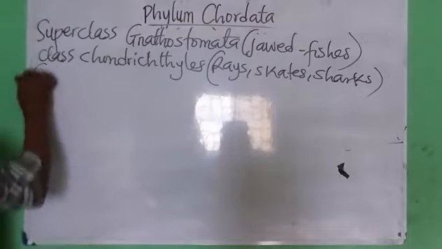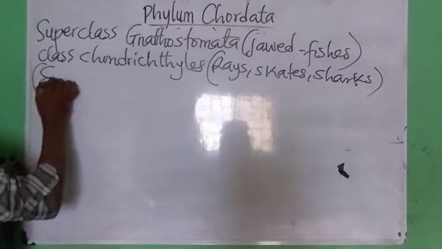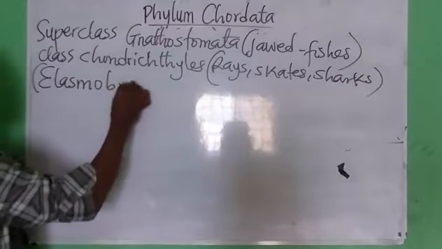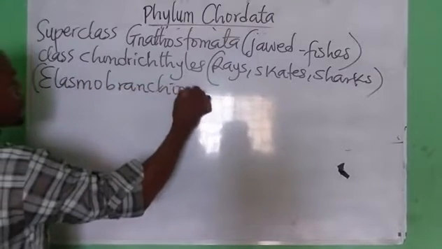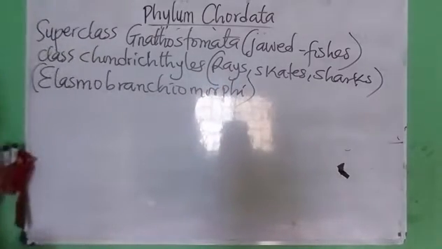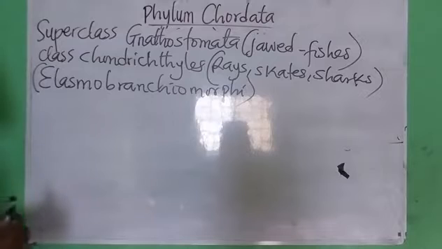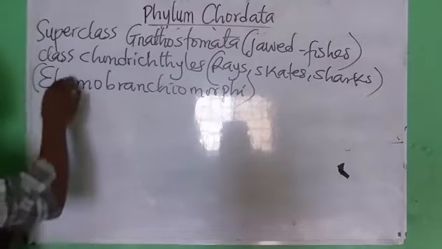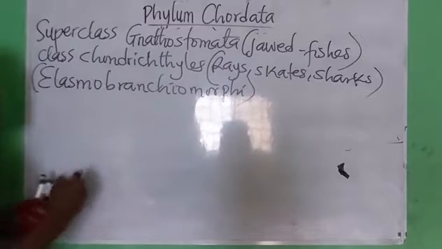Now, they can also be classified under elasmobranchiomorphy. All right, they are also classified under elasmobranchiomorphy. Now the question is, what are the features of the Chondrichthyes?